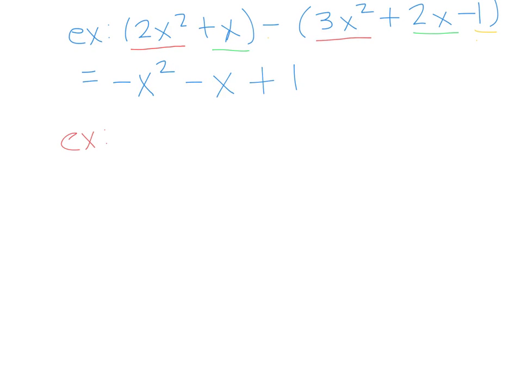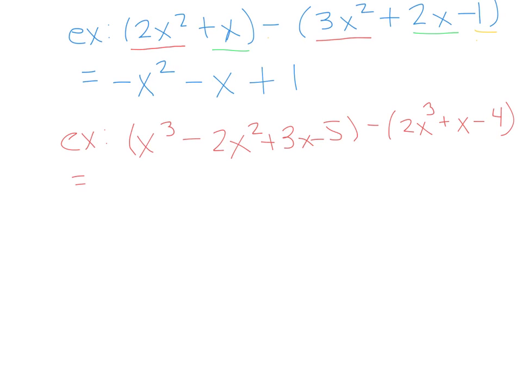Let's take x cubed minus 2x squared plus 3x minus 5, that polynomial, and subtract 2x cubed plus x minus 4. We've got our x cubed terms.